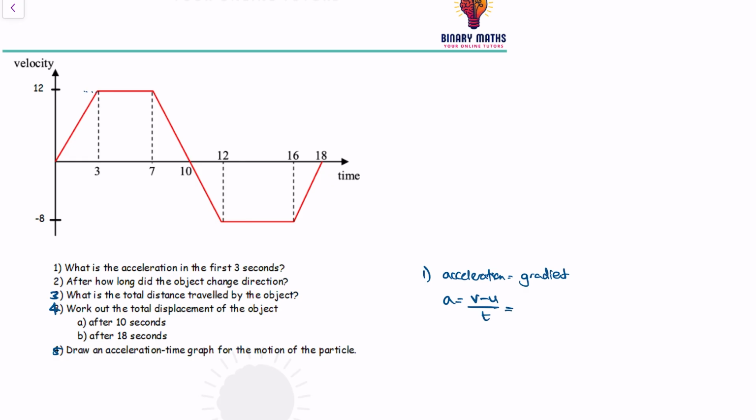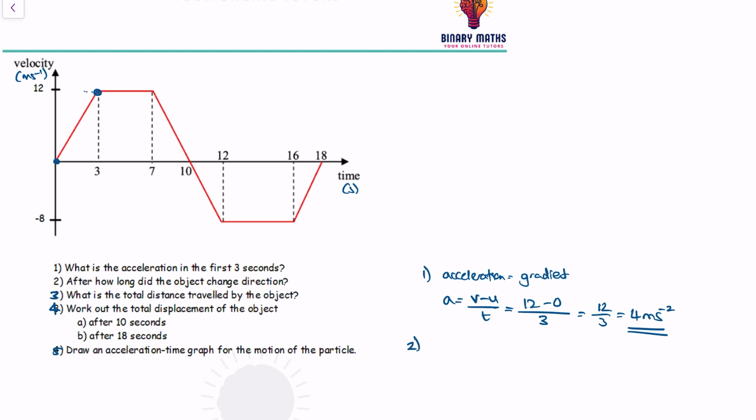So v is this point, which is 12, minus u, which is the initial, which is 0, over the time it takes to get from 0 to 12, which is 3. Let's write the units here, which are meters per second and seconds. So 12 over 3 is equal to 4 meters per second squared, because it's acceleration.